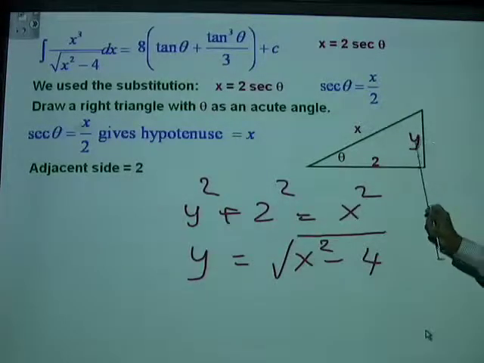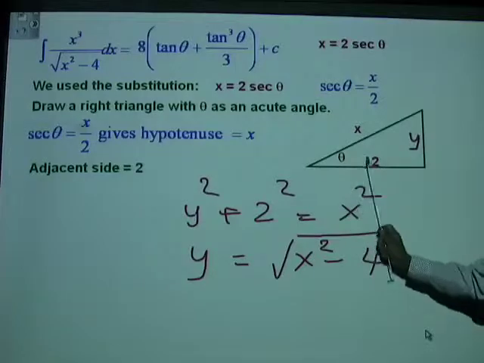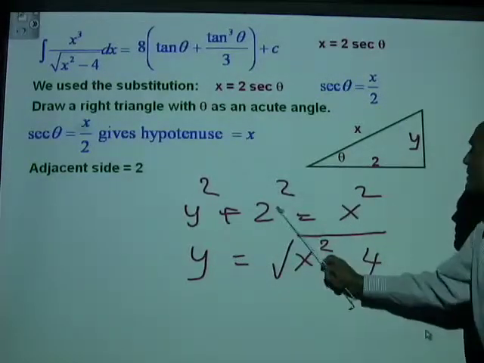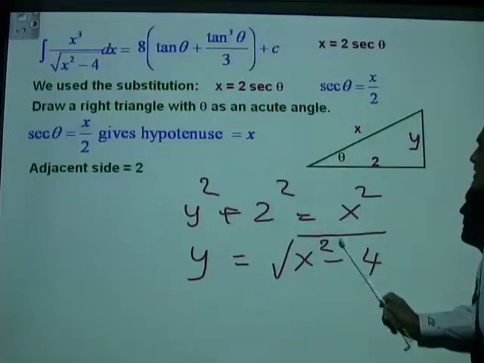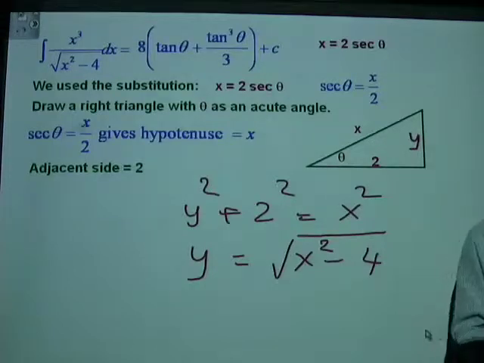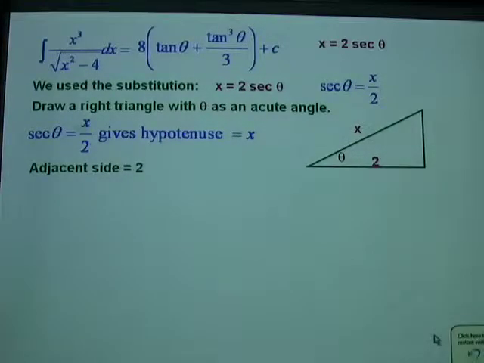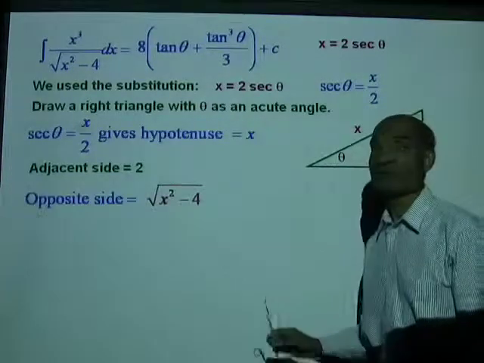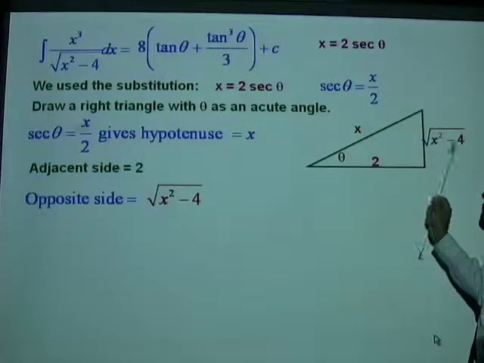Because y squared plus 2 squared equal to x squared, y squared is x squared minus 4, or y equal to the square root of x squared minus 4. So the opposite side will be square root of x squared minus 4. There you go. So we label the opposite side.